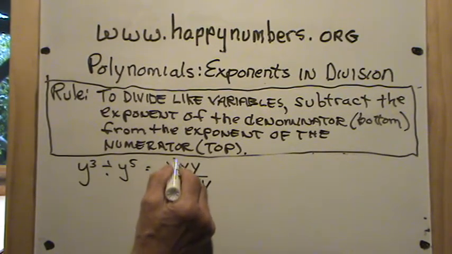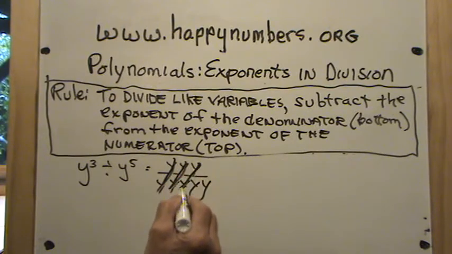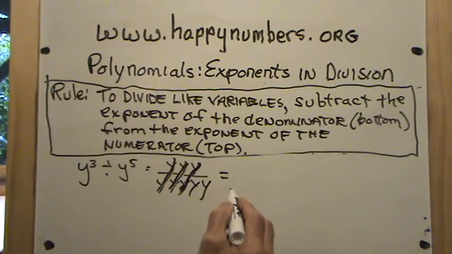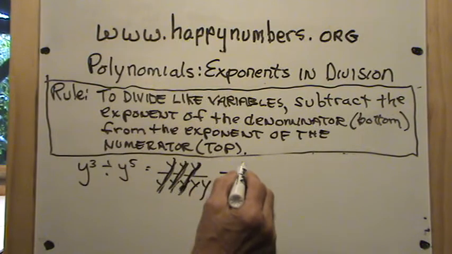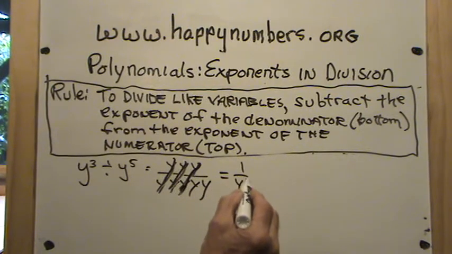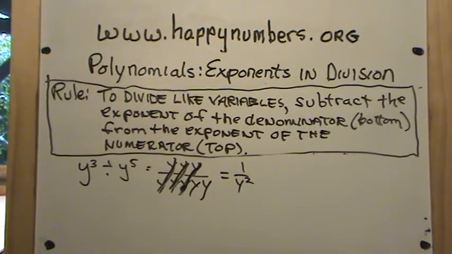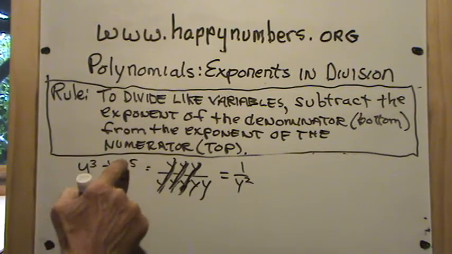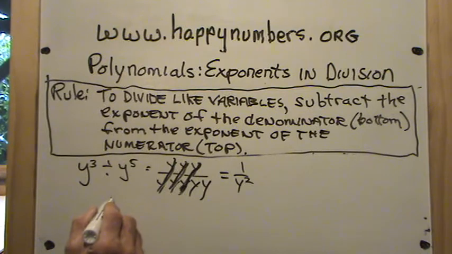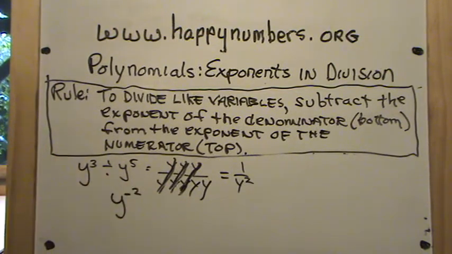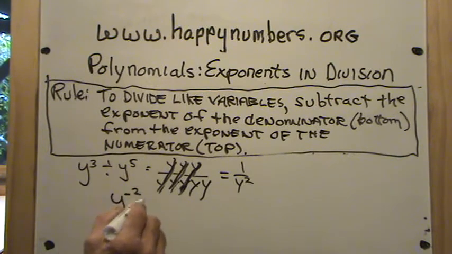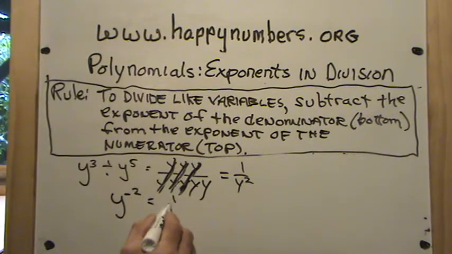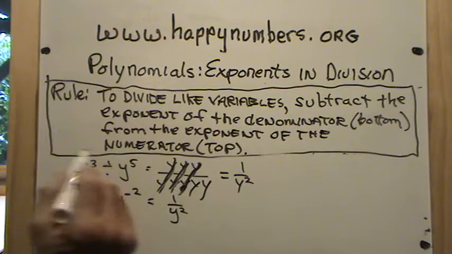Now, if I cancel out the 3 y's, what I'm left with is 1 over y squared. That's why y to the 3rd divided by y to the 5th is really equal to y to the negative 2nd power. But y to the negative 2nd power is equal to 1 over y squared.